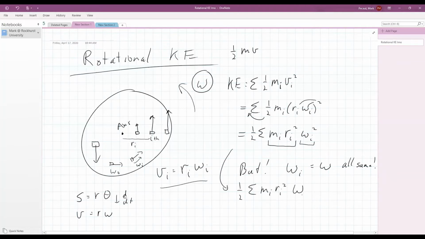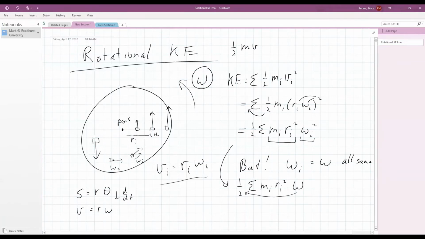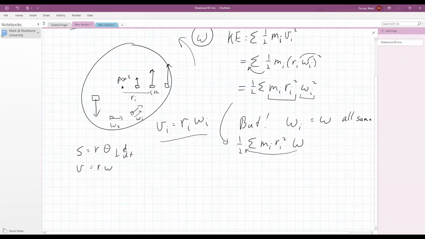Because the omega is the same for all, I can take it out front, and this is the total kinetic energy. It becomes 1/2, and the omega is in every term, and it's the same, so it's a constant. It can come out, and then this becomes the sum of m sub i's, r sub i's squared. Now this definitely becomes the moment of inertia.